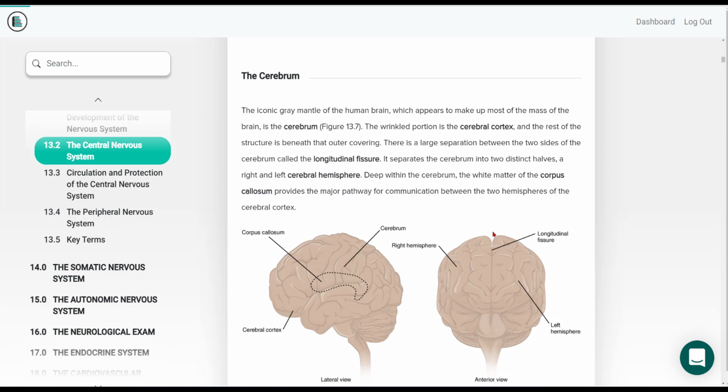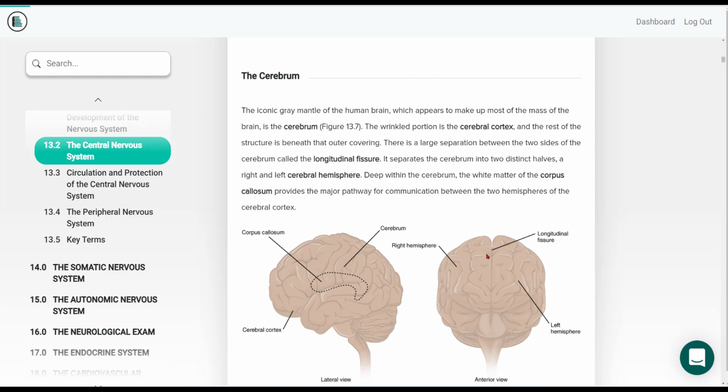A shallow groove is often called a sulcus, whereas a fissure is a much deeper groove. This longitudinal fissure is very deep, and it's named appropriately, running along the mid-sagittal plane. That is the longitudinal fissure.